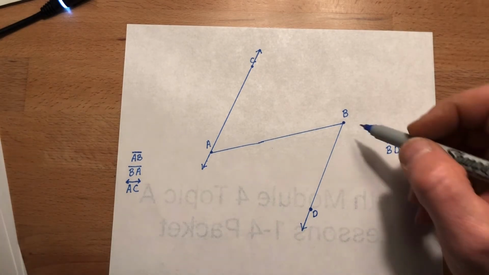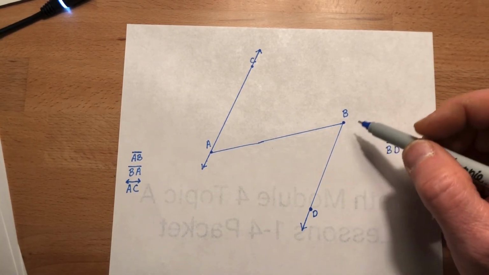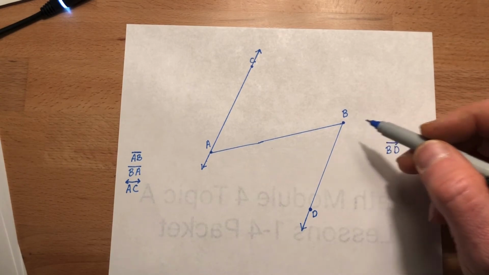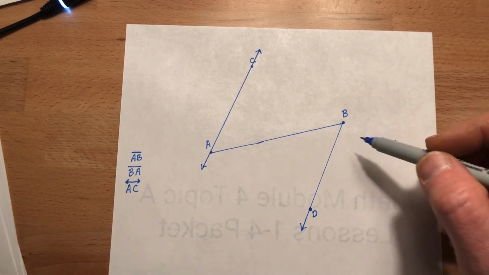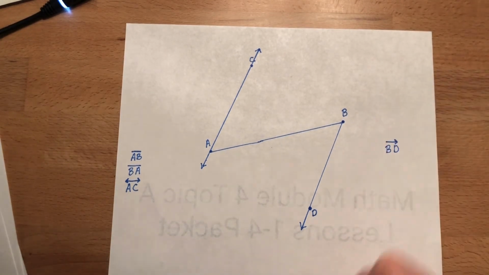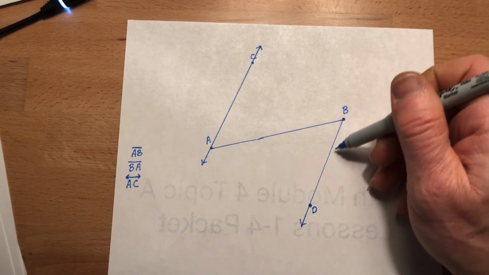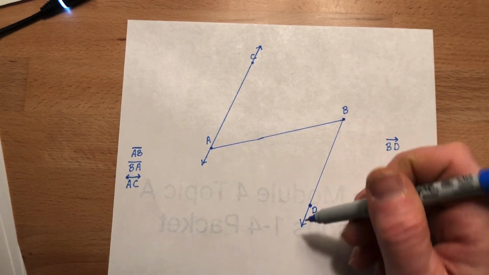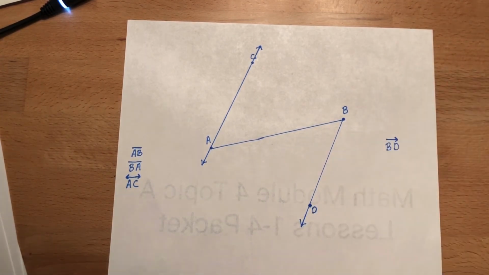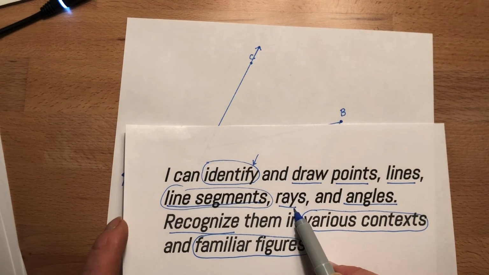I call it a ray because I think of like Star Wars and like a ray gun, you know, like a laser or something like that, or even just a science fiction novel, like pew, you know. It starts from a point and it goes on forever and ever, right? It just keeps going until it hits something, of course, right? So a ray just goes right through, goes on and ever in one direction, but it has a starting point. That's called a ray, and that's what this one is right here, rays.